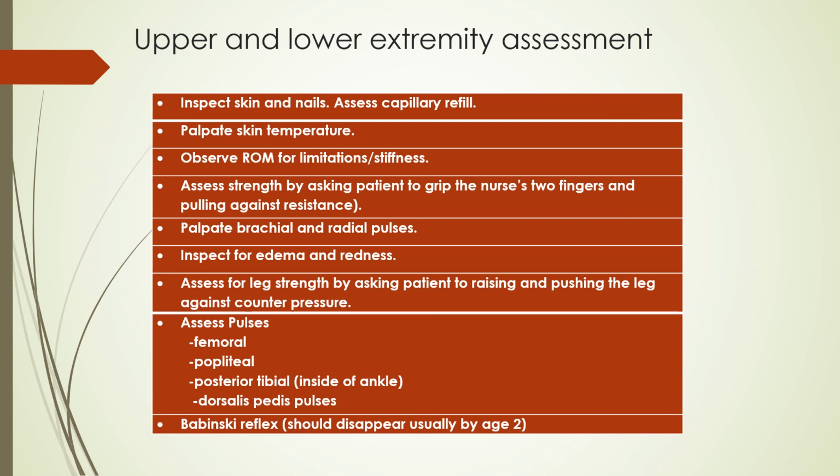And that's where you take the little hammer or even the pad of your finger, and you go across the pad of the foot, and the patient should not have a Babinski reflex. Okay, if they do, it's abnormal. And I'm not going to read all these for you. They are right here for you and on your skills checklist.